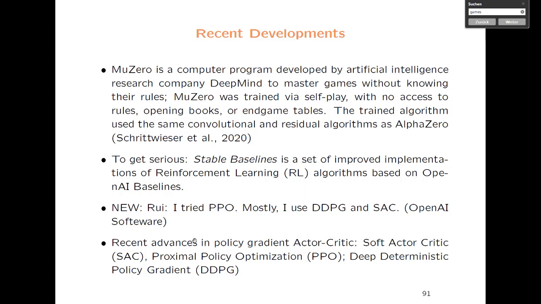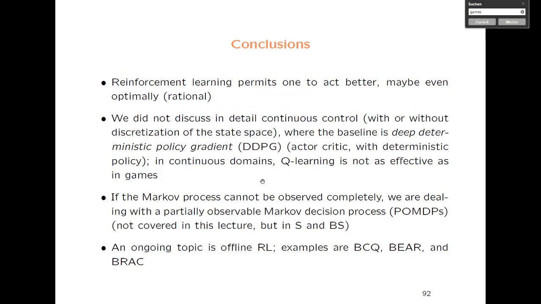And I think they can all be used in robotics applications with continuous state spaces. So if you want to get serious in this direction, please look at the Stable Baselines platform or toolbox.